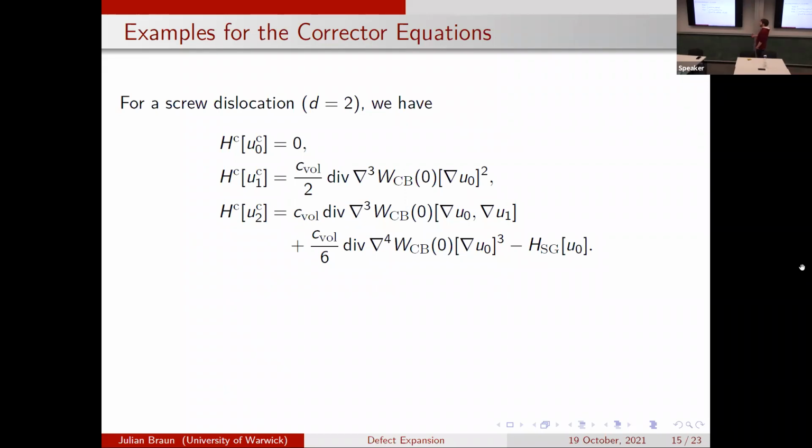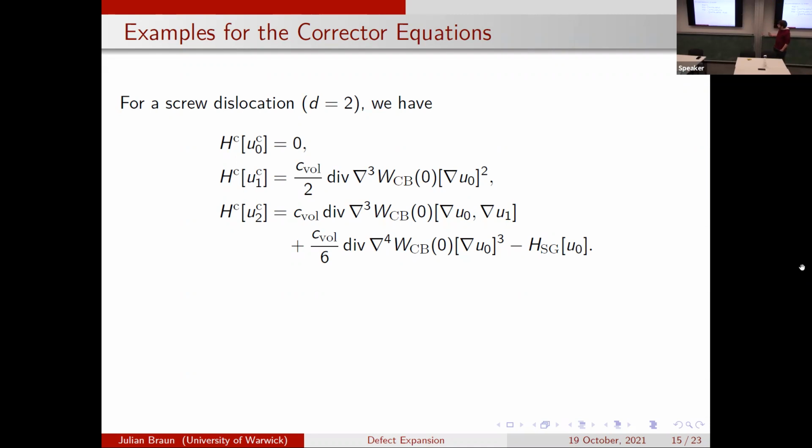So the corrector equation for U1 is plugging U0 into the first nonlinear term and using that as the right-hand side for the corrector. And naturally, if you put in U0 and U1, that's already a term on the order of U2. Or putting U0 into the cubic terms, also on that order.